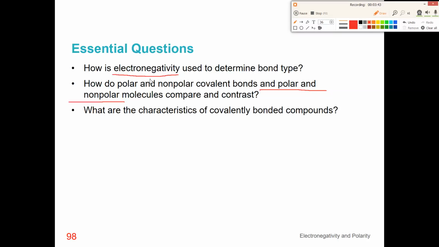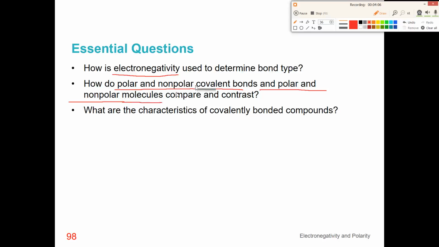Now we talk in a little more detail about what electronegativity is and what polar and non-polar bonds are. What is the difference between non-polar and polar covalent bonds, and another concept, polar and non-polar molecules?